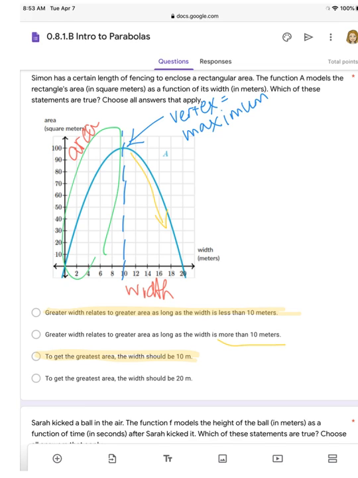So you'll have 2 choices here. The last one, the width should be 20. If you look where the width is 20 down here, that makes no sense at all to have the greatest area. The area when the width is 20 is 0.